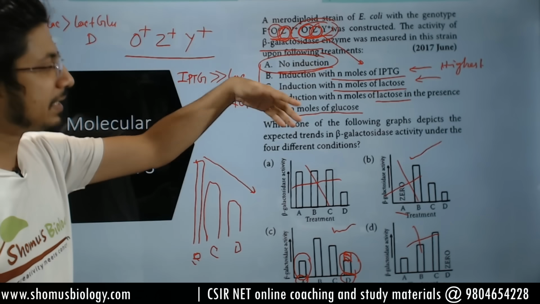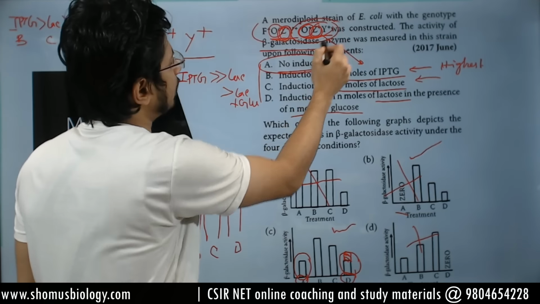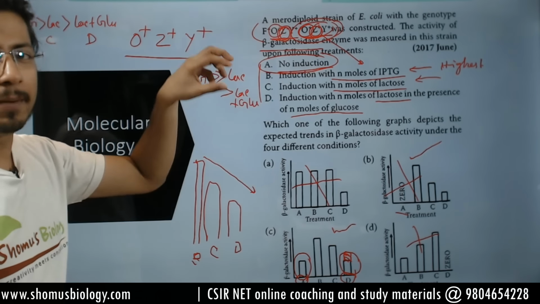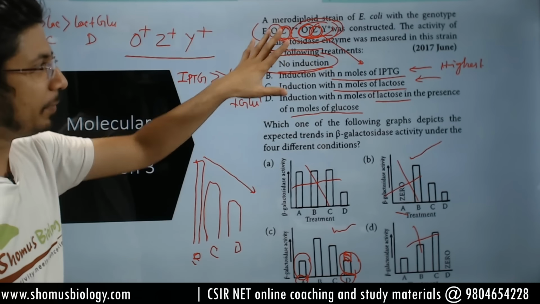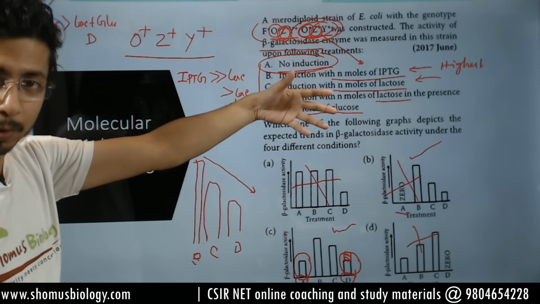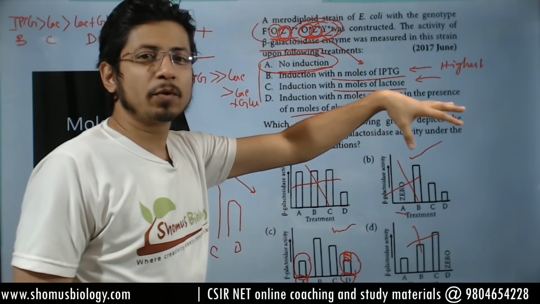If they gave you that, the answer could still have been the same, but they gave merodiploid and some genotypes, and they know that when students see merodiploid genotypes, most of them will be frightened and will leave the question, and only those who know it and tackle it will get the benefit. So that is what they are concerned about.